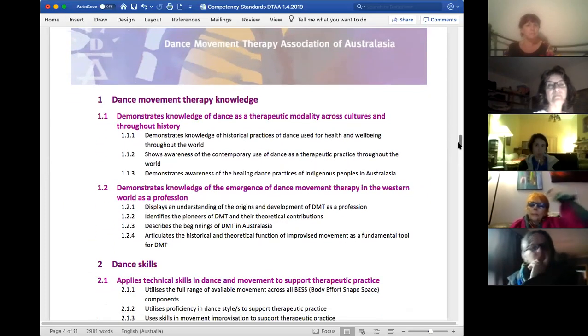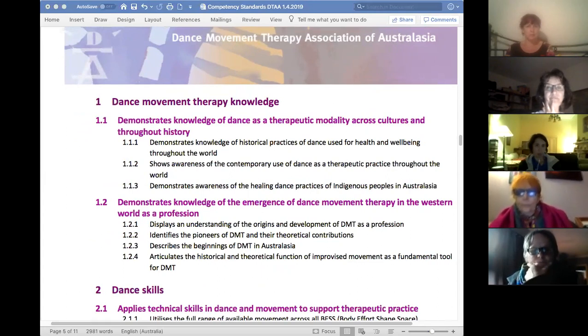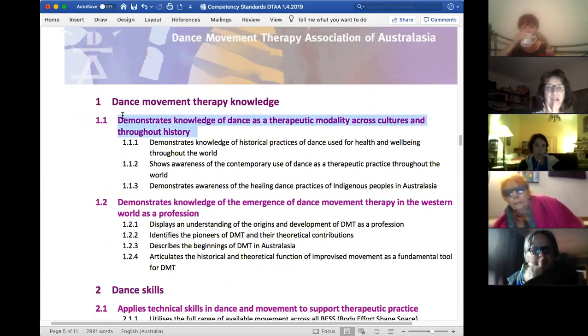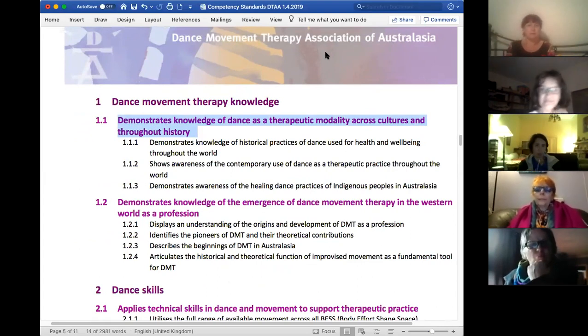The first major domain is the knowledge of dance movement therapy, a general knowledge. And there are 2 major competencies. We've always highlighted them, you'll see them in the purpley red. The first one is about your knowledge of dance as a therapeutic modality, both historically and cross-culturally.